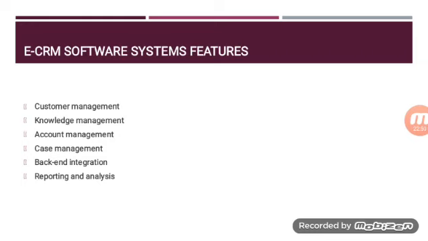And lastly is reporting and analysis. Reporting and analysis is where the eCRM system will help to generate reports on customers' behavior and business criteria, whether the customer is an individual customer or a business customer to that company.